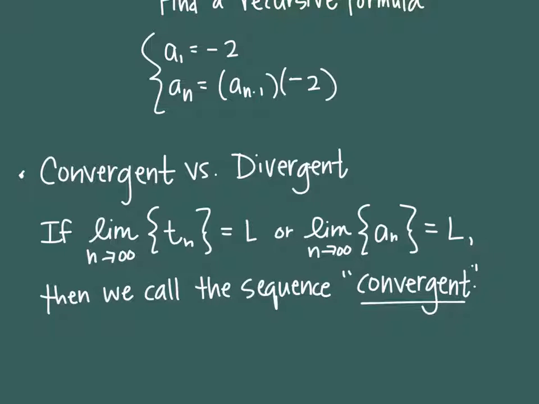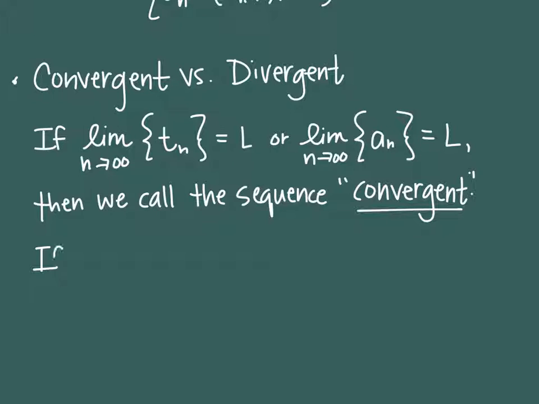And the converse is true. If it doesn't equal L, and L has to be an actual specified real number, then we call the sequence divergent. If you can't find the limit, if the limit does not exist, then it's divergent.